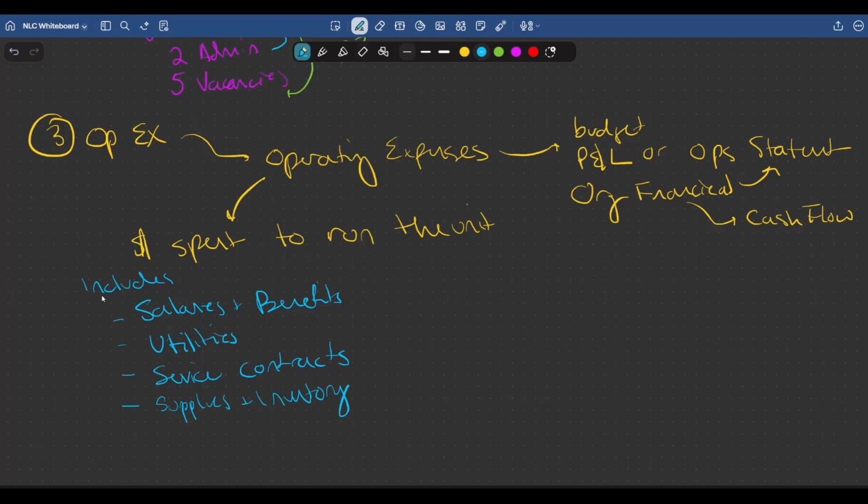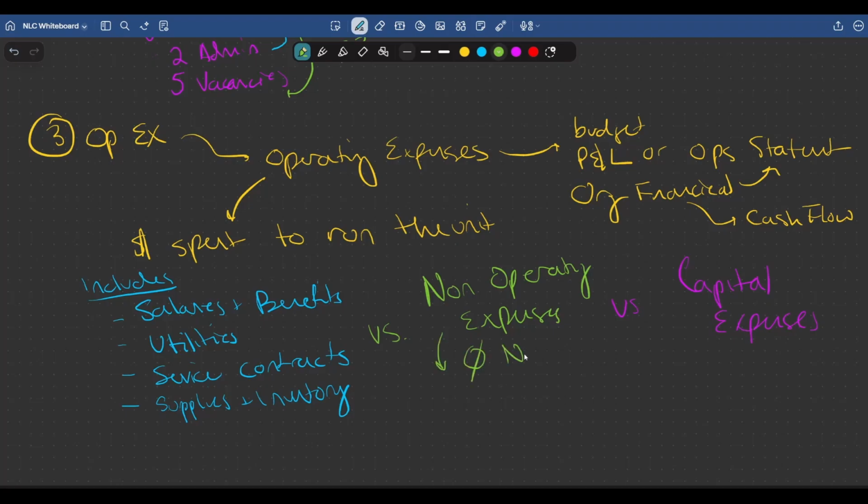So these are all things that are included in operating expenses, and they are differentiated from non-operating expenses and capital expenses. Okay. So non-operating expenses are the things that we have to pay, but they're not normal ops, right?